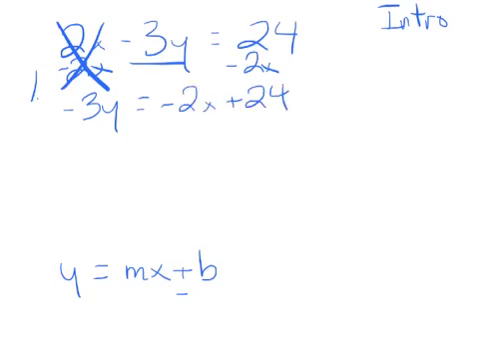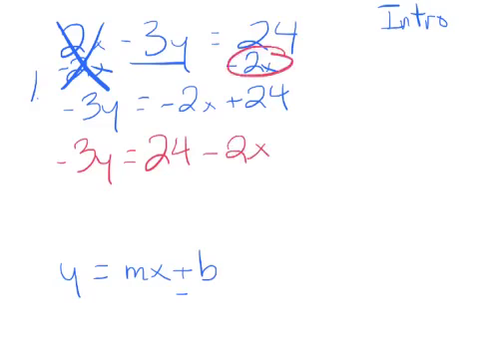You could have written it as negative 3y equals 24 minus 2x, but we're not going to write it that way, so I'm going to erase this equation. So we have negative 3y equals negative 2x plus 24.